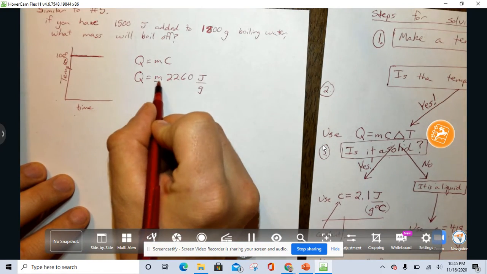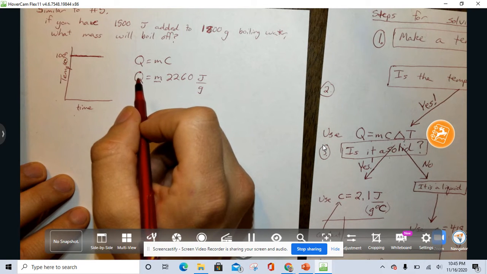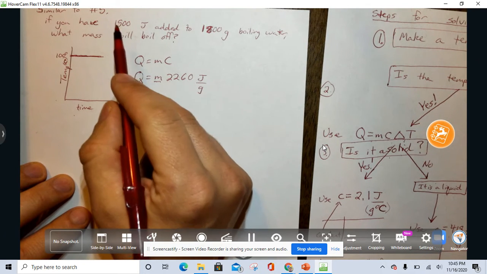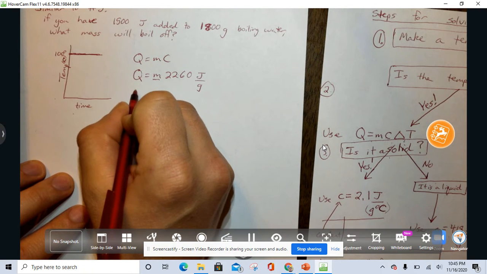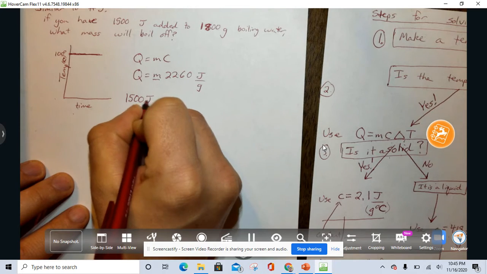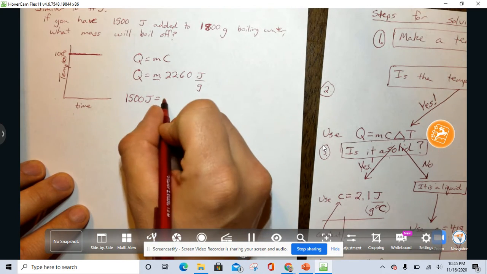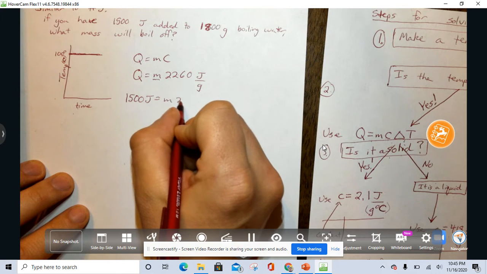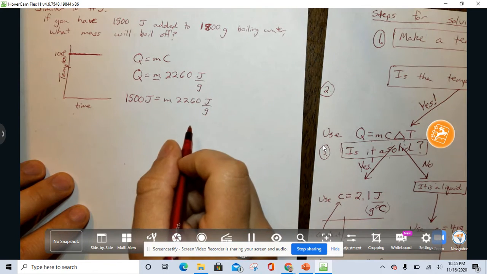Well, we're looking for this, and we know this too. We know that we have 1,500 joules. That's going to be the energy. Equals M times 2260 joules per gram.